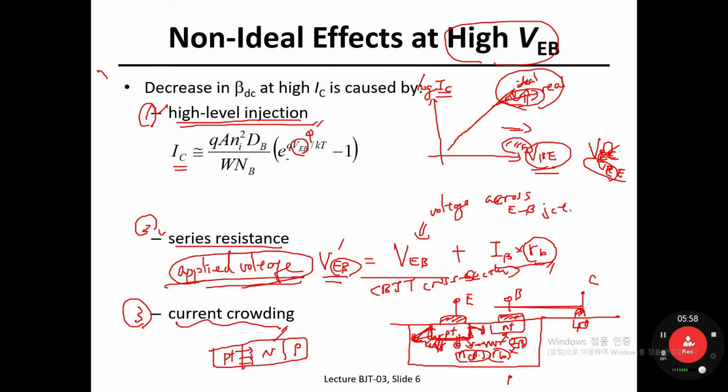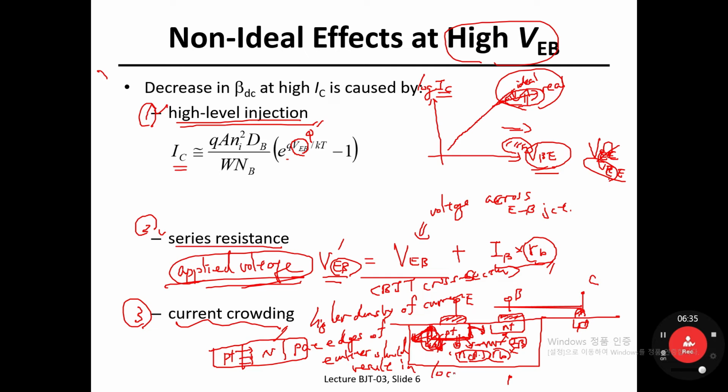So a very high density of current at the edge of the emitter should result in, what?